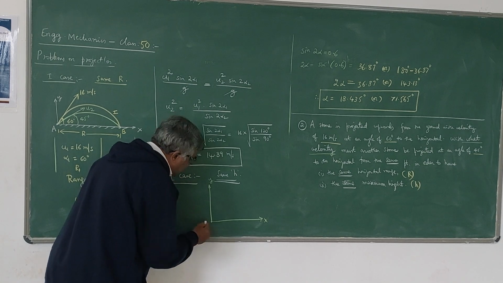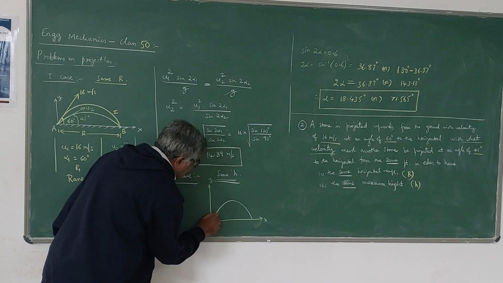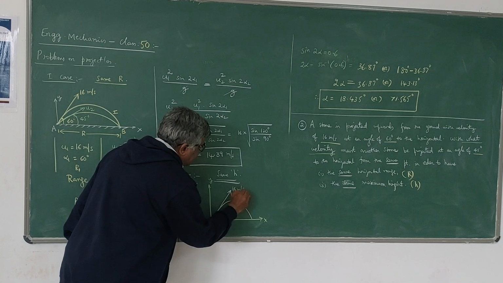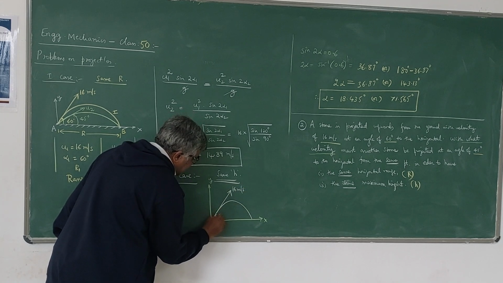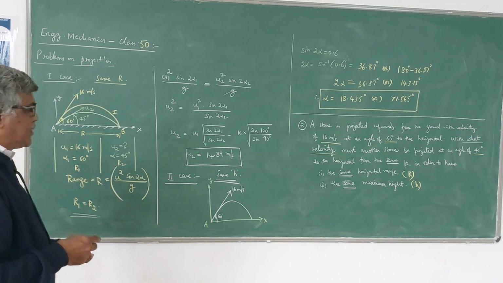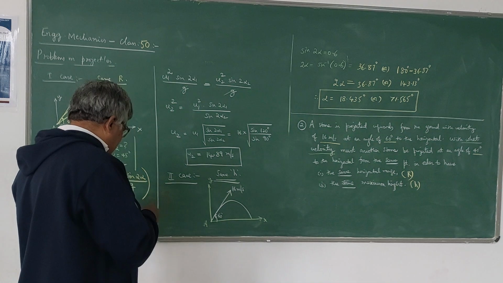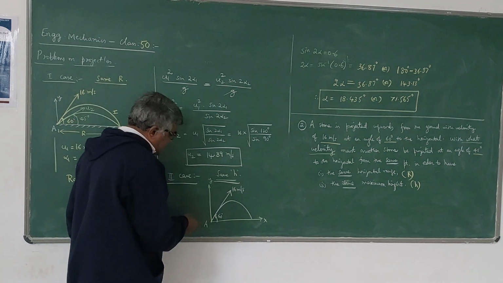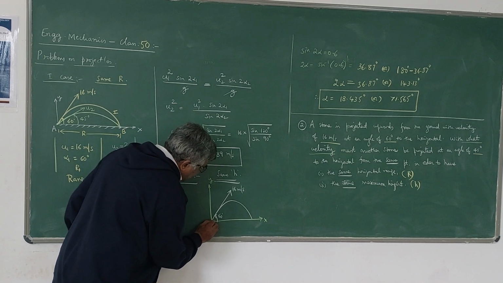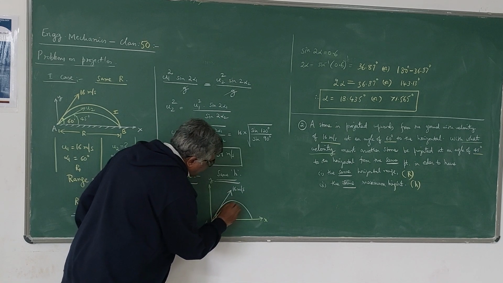Let us say it has reached a certain height like this, with 16 meter per second at an angle of 60 degrees. For the second stone, it should have the same maximum height, but the angle of projection is different. So I have to take 45 degree, but it may go somewhere here.